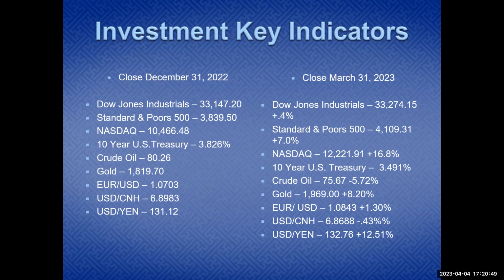Then we have what is called the risk-free interest rate, the 10-year United States Treasury yield. If you buy a $1,000 U.S. Treasury 10-year bond today, the interest rate is 3.491%.